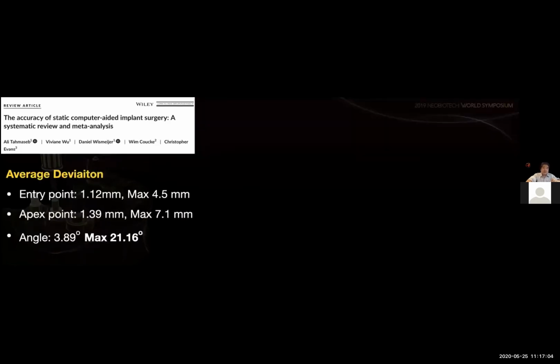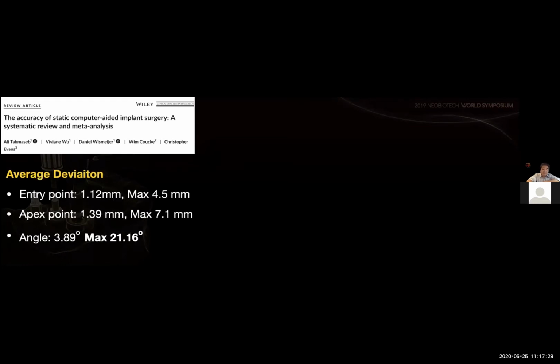Another thing is this: when they calculated it, they also pointed out the average deviation. What they're saying is this is the average. However, the range of the error is up to about 4.5 millimeters. In other words, the horizontal deviation is 1 millimeter on average, however, even though we are using the guide, it can be 4.5 millimeters.